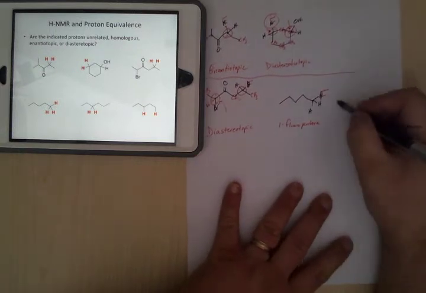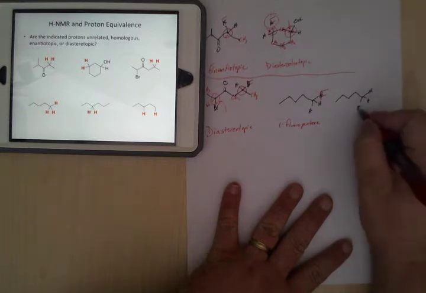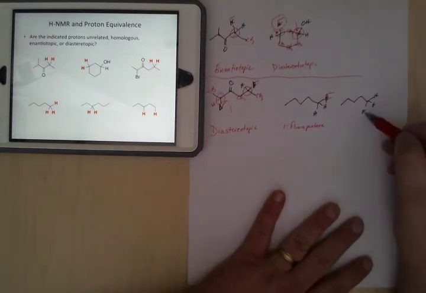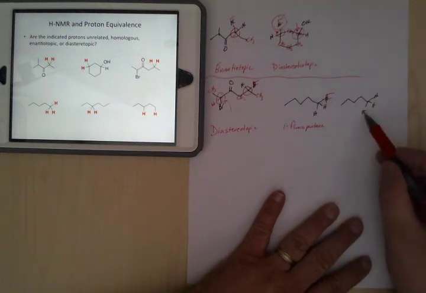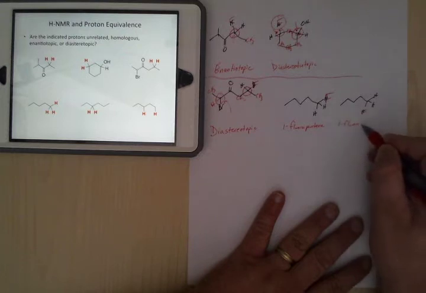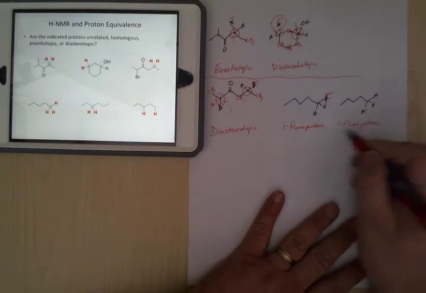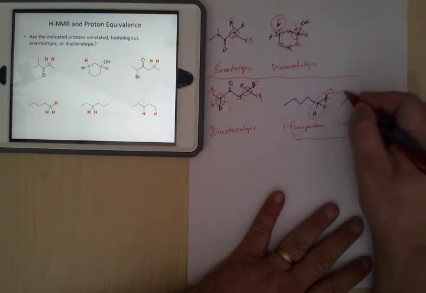If we took one of the other ones, say we took the one down here and said, instead we're going to put fluorine here, what's the name of the compound? It's still 1-fluoropentane, right? So that means that these guys are homologous.